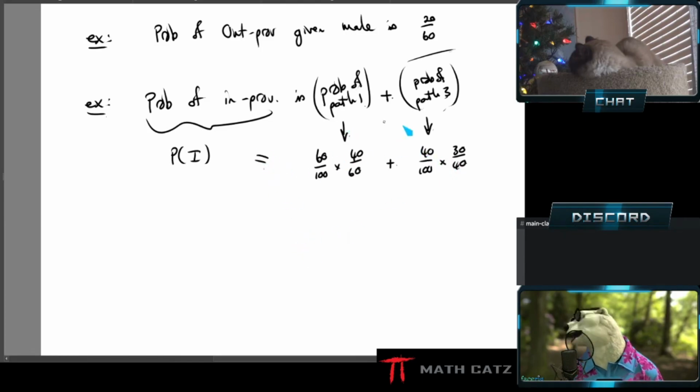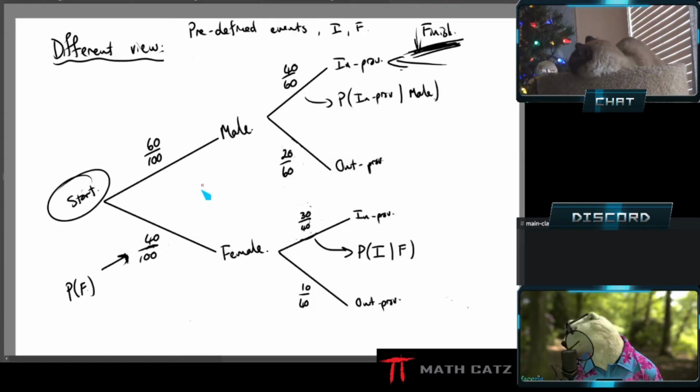I don't have to go all symbolic, but if you want to, I totally can. It doesn't really help. Path 1 is the probability of being male, which is technically not female, and, what was path 1? In province. Sorry, no, female. Sorry, I mixed them up. Path 1 is not female and in province. Path 3 is female and in province.